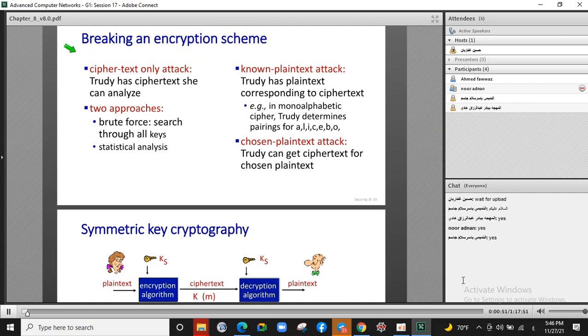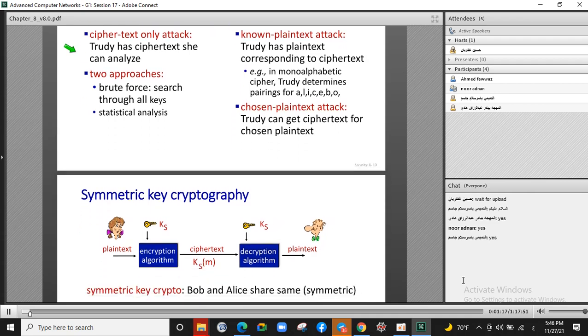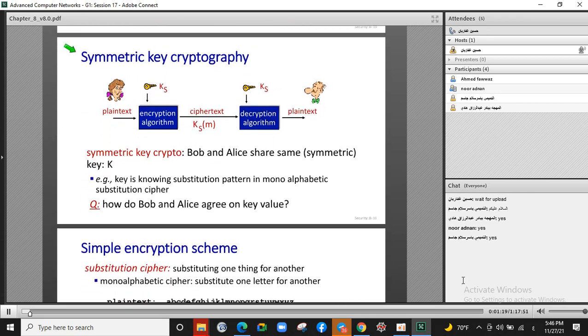We said that even if an attacker knows our cryptography strategy, he or she can try to break our ciphertext. We talked about this a little, but let me continue the course with symmetric key cryptography.